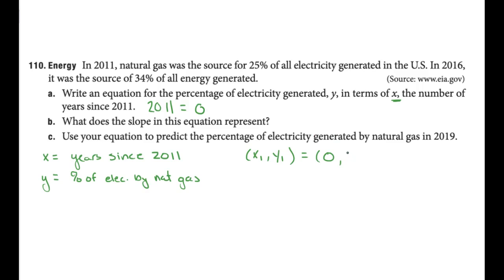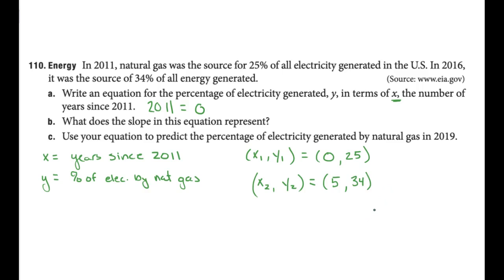Well, that was 25%. So we're just going to put 25. And then we need x2 and y2. They're saying that in 2016, which is 5 years after 2011, the percentage was 34%.